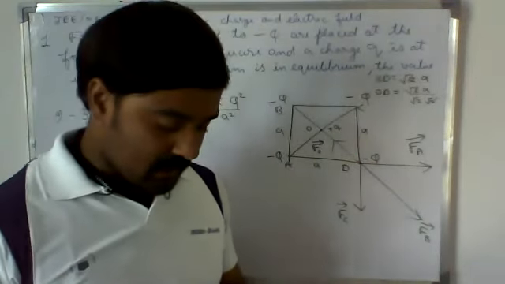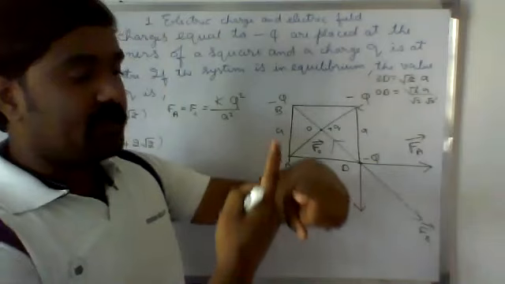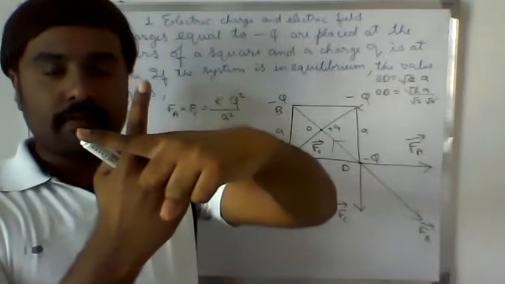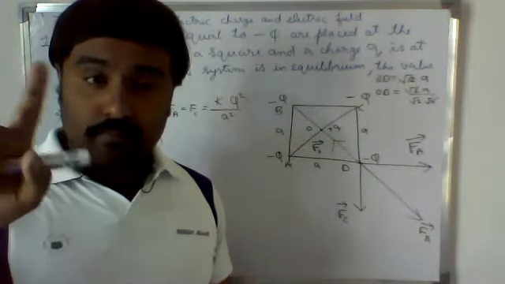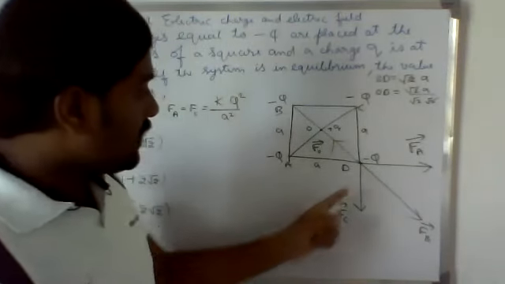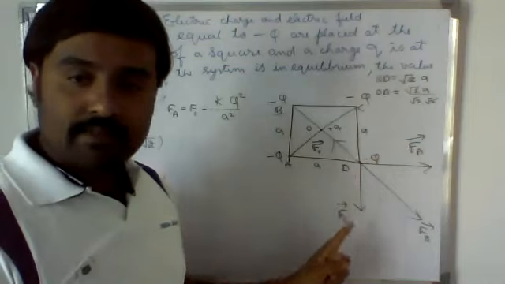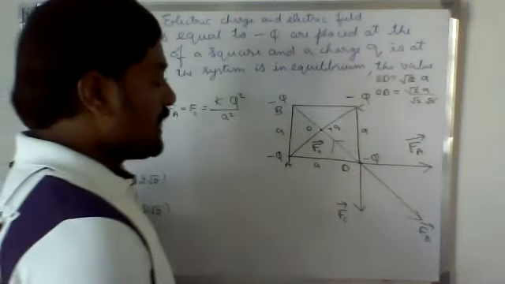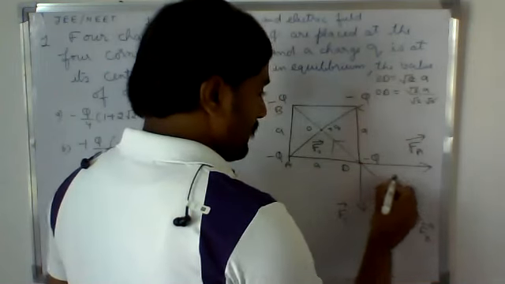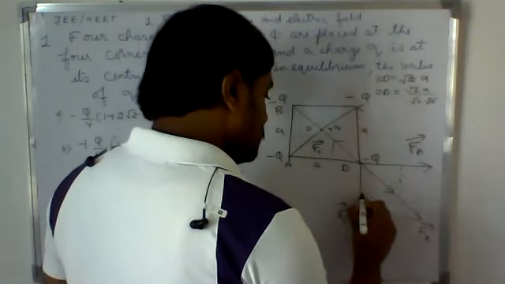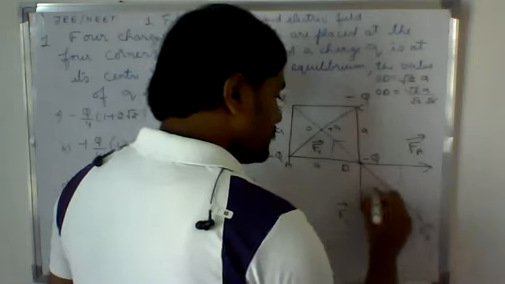We have to find that. The two vectors act at the same point and are mutually perpendicular to each other. What is the resultant? R is equal to root P square plus Q square. Here, root FA square plus FC square. That is along the diagonal of this square.